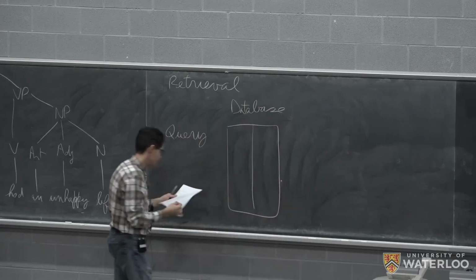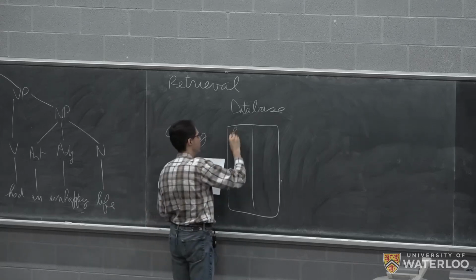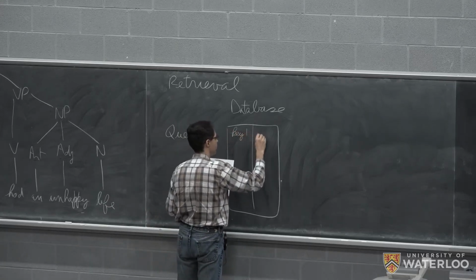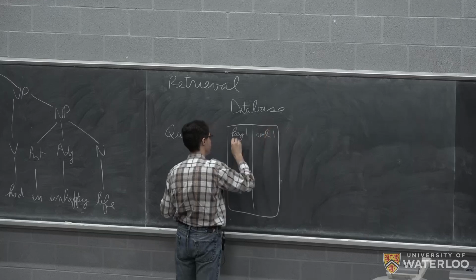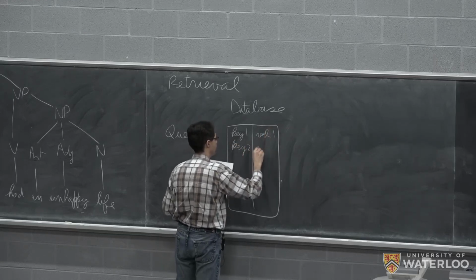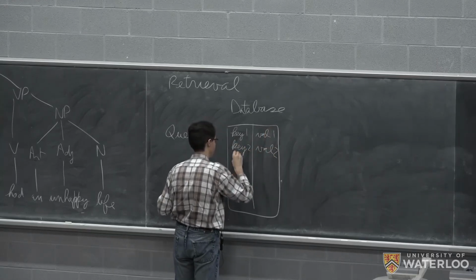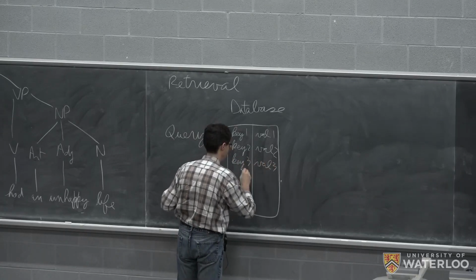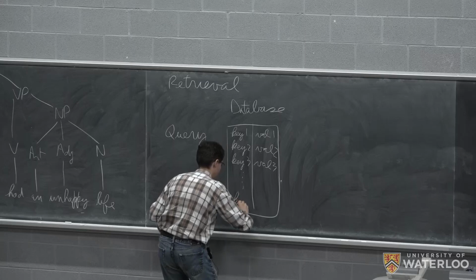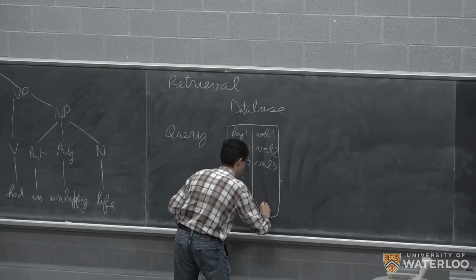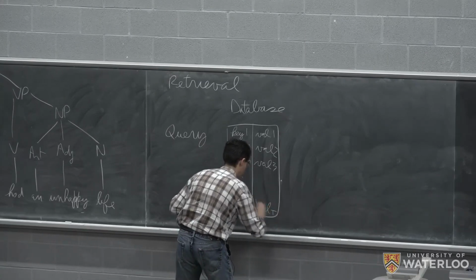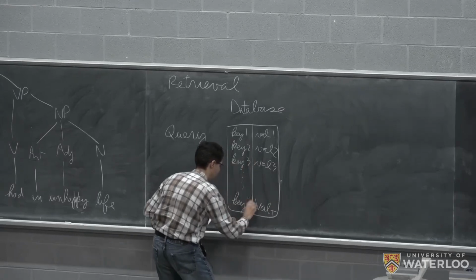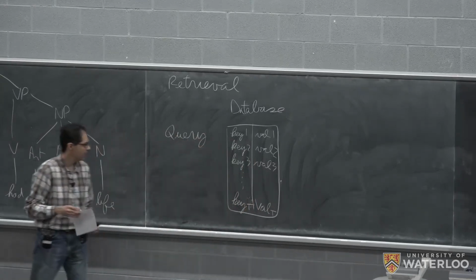So in my database, let's say that I've stored some keys with associated values. OK, so I've got my database.